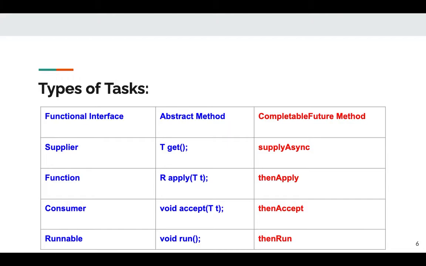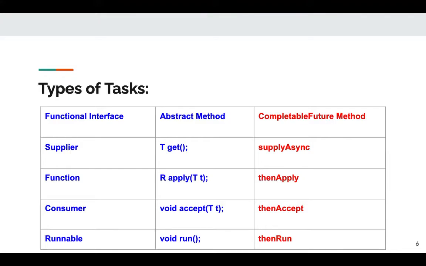Then we have the function, which again is a functional interface, which again does what its name suggests. It takes an input and transforms it into output because that is what functions do. The abstract method here is apply.